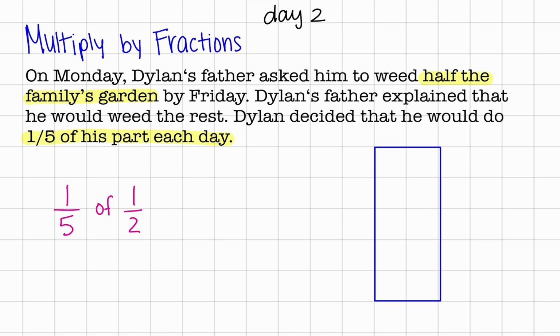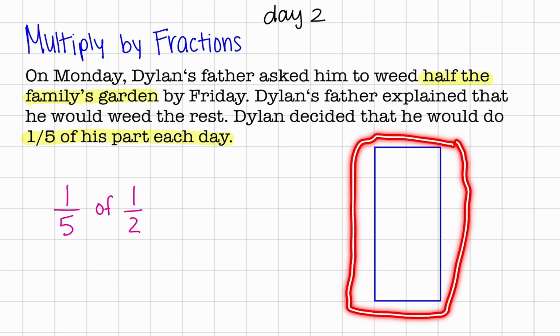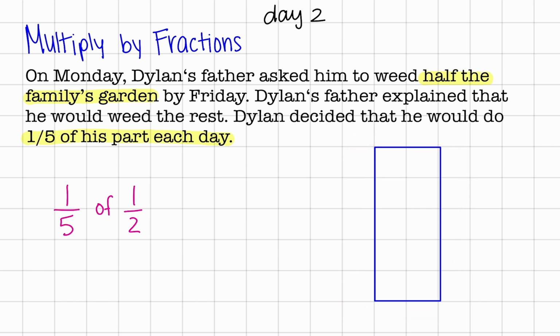Okay. So looking at our model, if this is our garden here, this is Dylan's family's garden, we're going to divide it in half first, right? Because our second fraction is half. So his whole garden that he has to weed is 1/2.